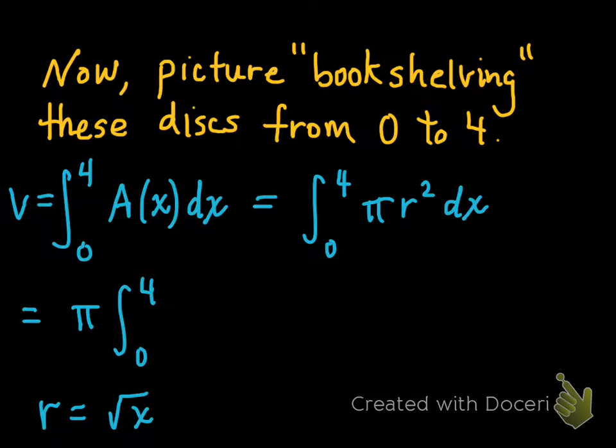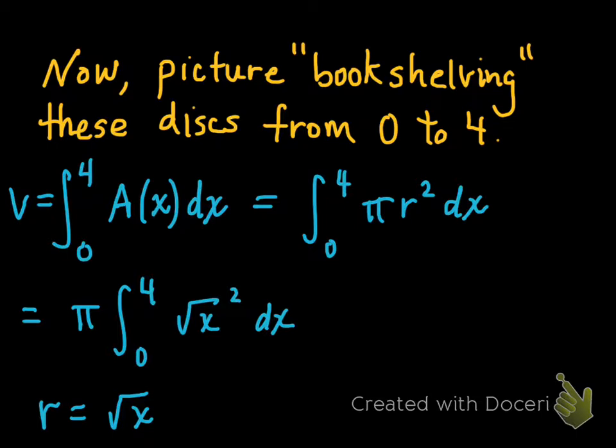And the radius equals root x. This again is a result of taking the top curve minus the bottom curve to figure out the radius of each circle. It's root x minus 0, or simply root x. So in lieu of that r in our integrand, we're going to put in root x. So our integral looks like this.